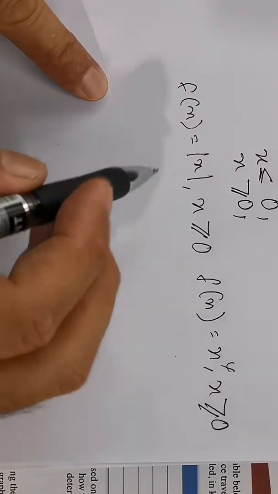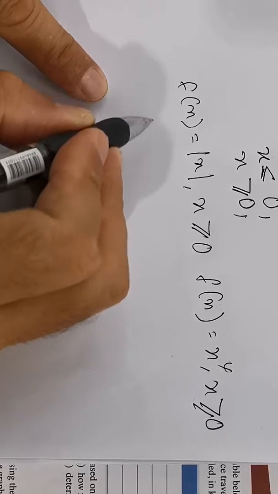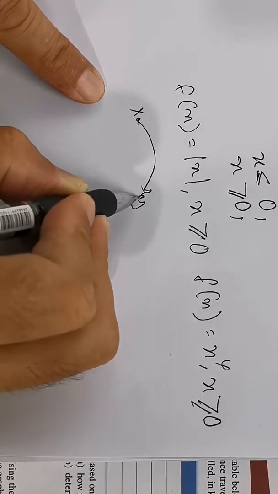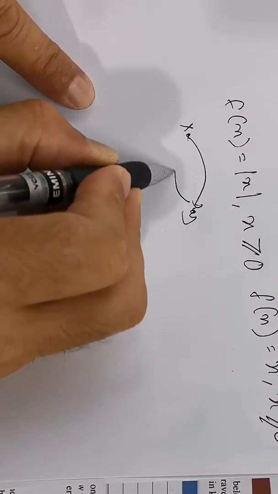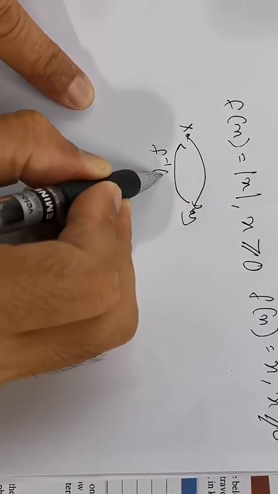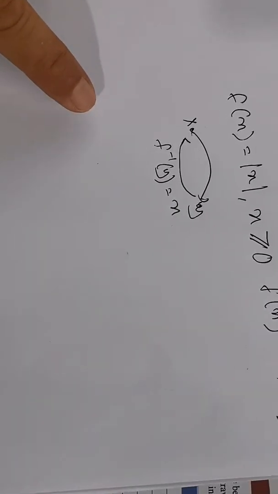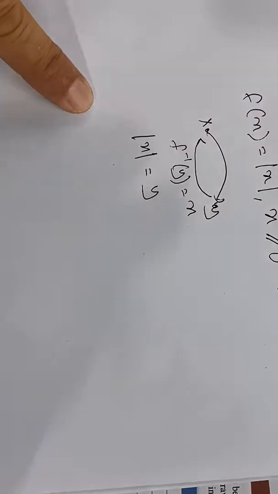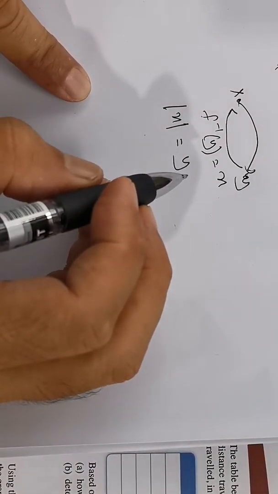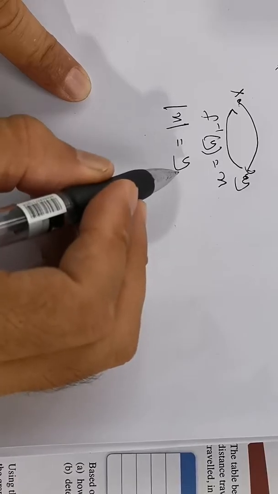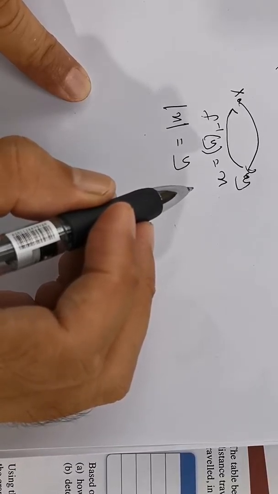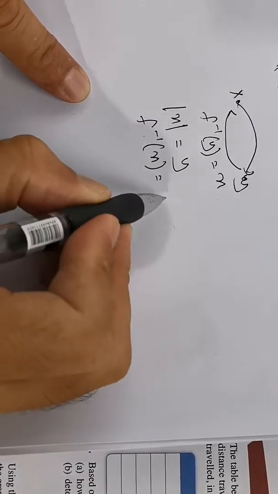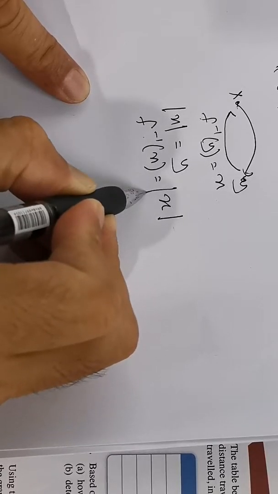For the first one, x maps to y, so the inverse of y equals x. The function is modulus of x = y. Basically nothing to do, the inverse of x is still modulus of x.